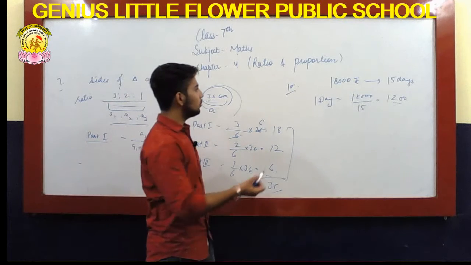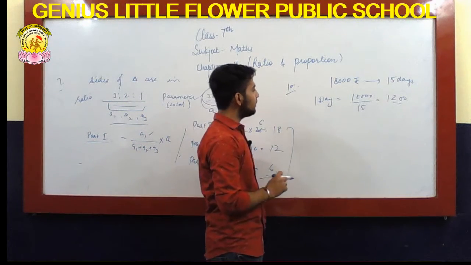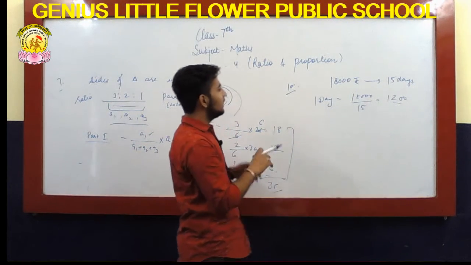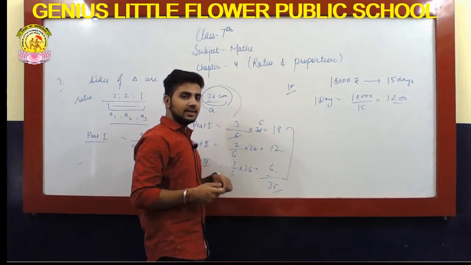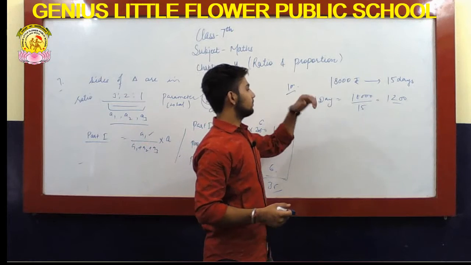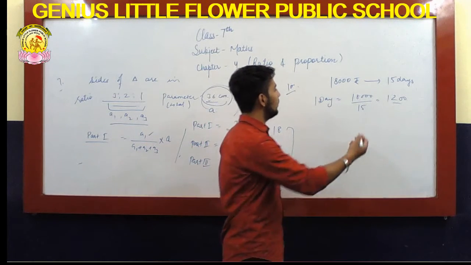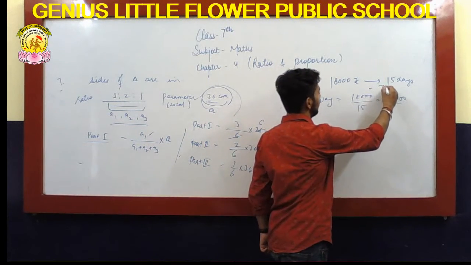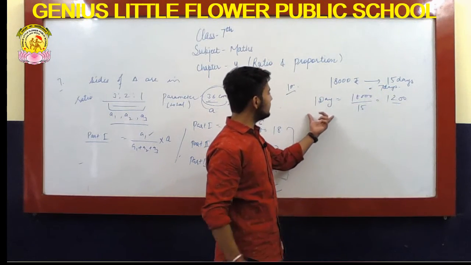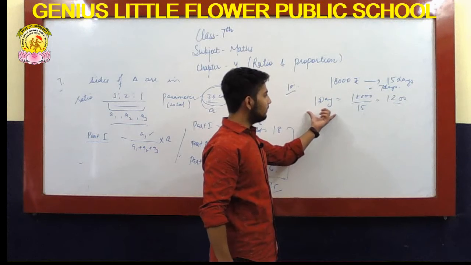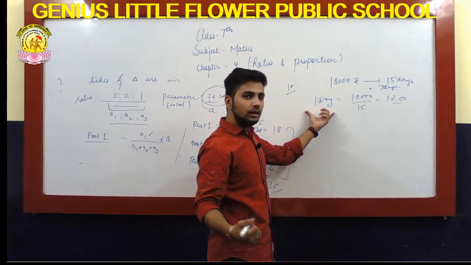Now we are moving to our next question, which is question number 10. Here it is given that workers working for 15 days will get 18,000 rupees as salary, and we have to find how much they will earn in 7 days. First you have to calculate how much they earn in 1 day.